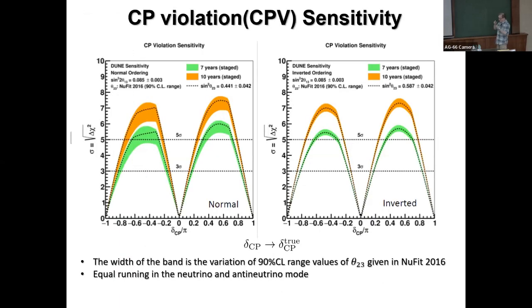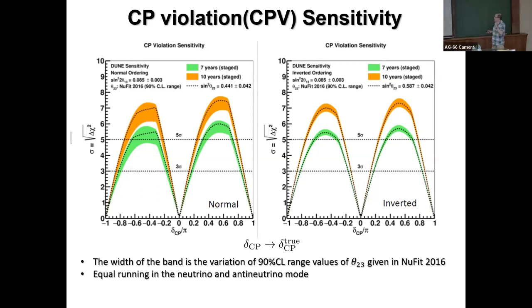And now the CP violation sensitivity. This is the significance. Pay attention to that. This is the significance here. And this is for two cases, for the case of normal hierarchy, and this is for inverted hierarchy, two different hypotheses for the hierarchy of the neutrino mass.